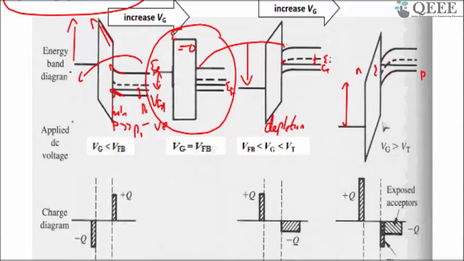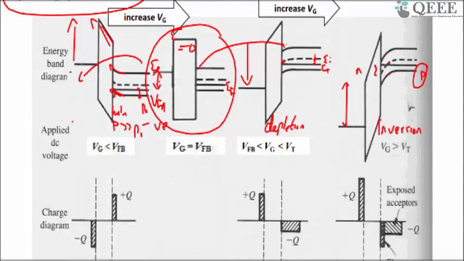This is the inversion case. You have inverted the surface. The bulk has a lot of holes, but you have applied a large positive voltage such that the surface condition is inverted, so you have a lot of electrons here. This condition is known as inversion.